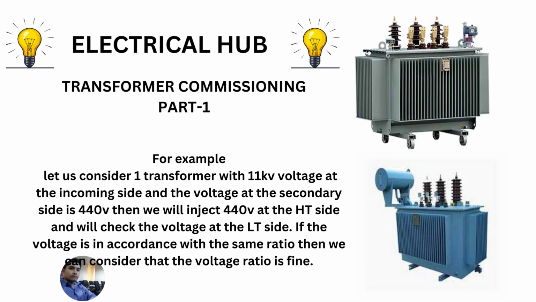So measure the voltage and then calculate the ratio. If the ratio of 11 kV by 440 is equal to the ratio of 440 by the voltage you have received, then the turns ratio of the transformer is good. If not, then it's a matter of concern.